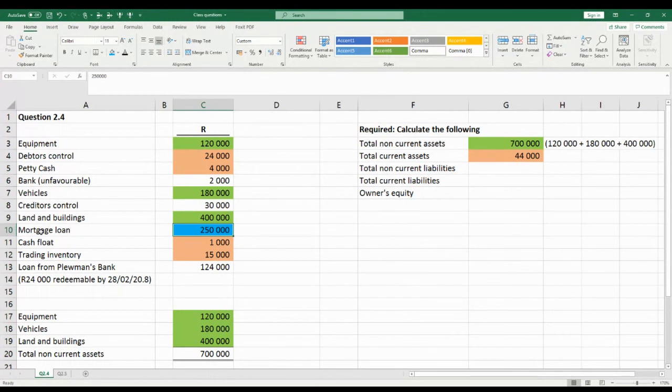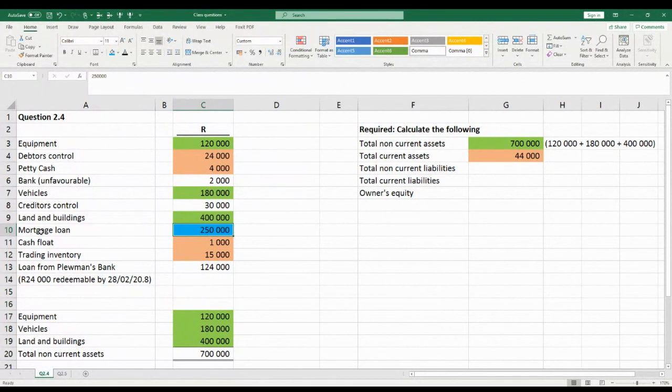I physically owe someone else money. Normally our bank balance works. If it's unfavorable, it is like an overdraft account and you will repay it within a 12-month period. So it's a short-term debt, and for that reason, bank unfavorable is a current liability in this case and not a non-current.